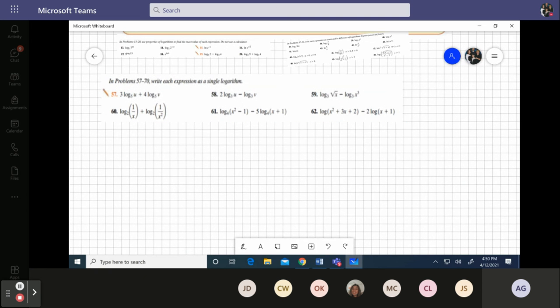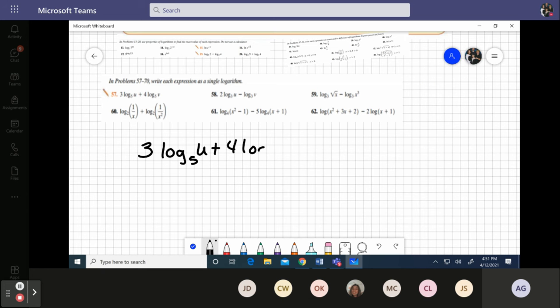So let's try if we can write 57 as one single logarithm. I want to write log 5 one time.